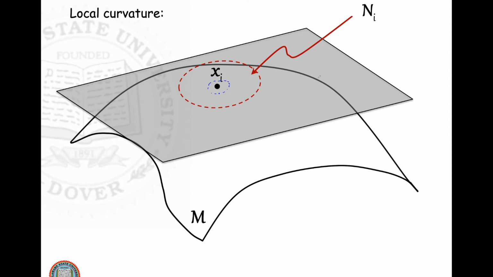Okay, so we have our neighborhood, and we're going to define Ni as the neighborhood for point xi on the manifold. Now we're going to define a bunch of points, x1, x2, x3, and so forth, and these points are going to be neighbors within the neighborhood. What do I mean by that? These points x1, x2 belong to the local patch, small enough, around that point xi on the manifold.